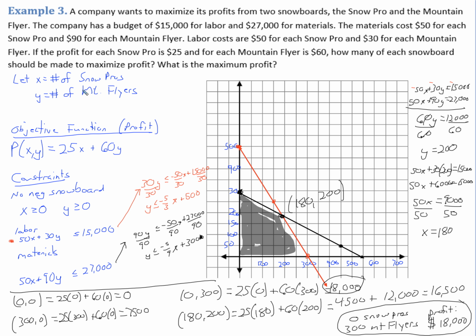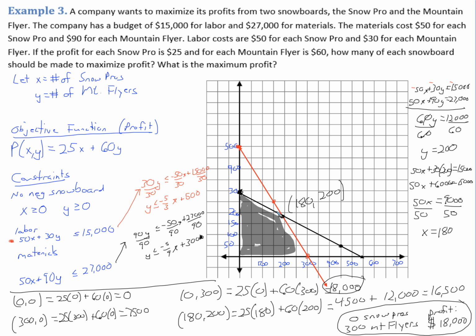So we defined our variables. We came up with our profit function, which was our objective function. We had our constraints. We had constraints because you can't make negative of things. So x is greater than or equal to 0, y is greater than or equal to 0. We had our labor constraint, which came from we had to be less than $15,000 or equal to it. And it was $50 for each snow pro and $30 for each mountain flyer. And then we had our constraints because of the materials.